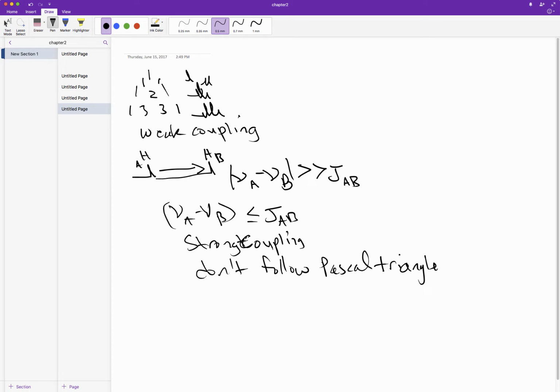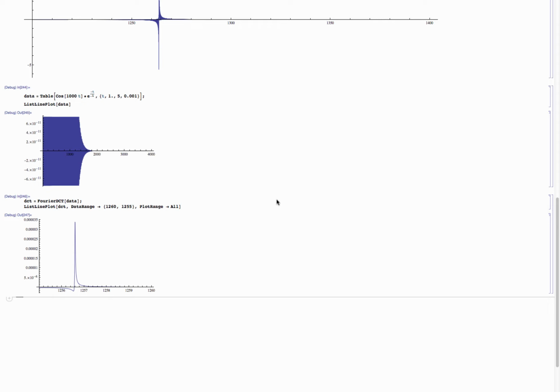And as a side note, here I'm illustrating this whole FID concept, where I've made a data table of a cosine function, representing like a 1,000 hertz signal, and multiplied it by this exponential decay. My T2 is 0.1, and so you see this decay.